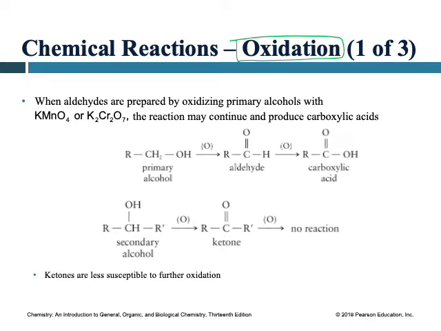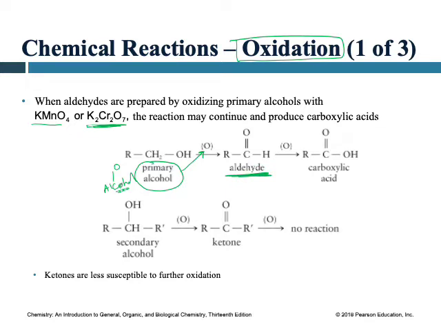So with primary alcohol, when you do oxidation, we can use KMnO4, potassium permanganate, or potassium dichromate as an oxidizing agent. If I do oxidation of the primary alcohol, we normally get an aldehyde, right? So this is how you normally make aldehyde.